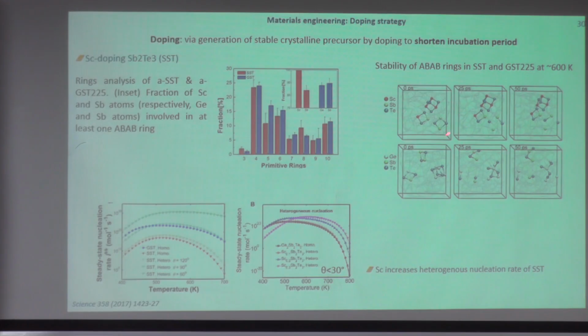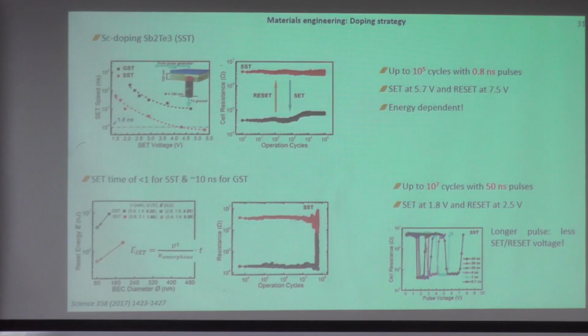In the case of scandium-doped antimony telluride, these rings stay very stable at different times at this temperature. This is the AMD simulation. So again, this can bring a shorter incubation time and faster switching speed. It was also shown in experiment.